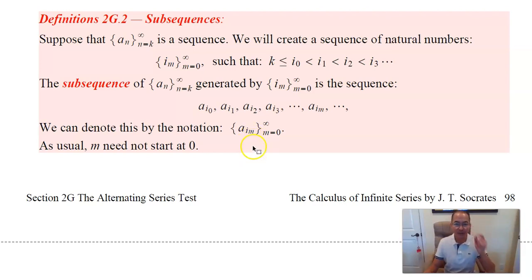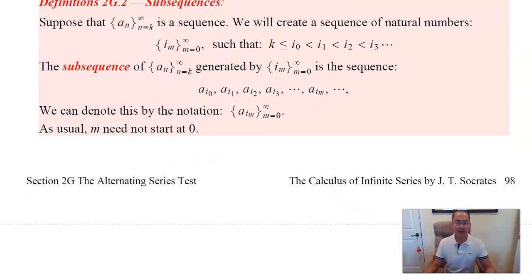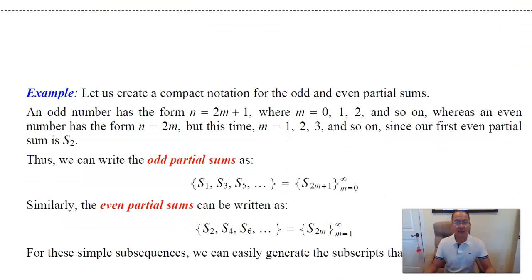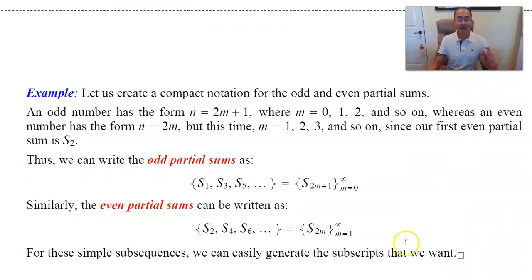Ooh, profound. So m will go from 0 to infinity, and as usual, m does not have to start from 0. It can start at 1 or 2, and so on. All right, so that is relevant to us because we observed something about the odd partial sums, and it's different from the even partial sums.